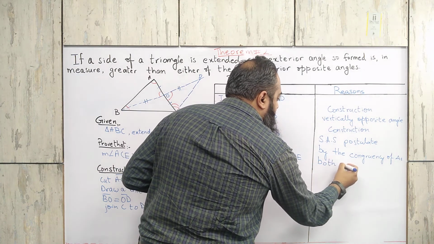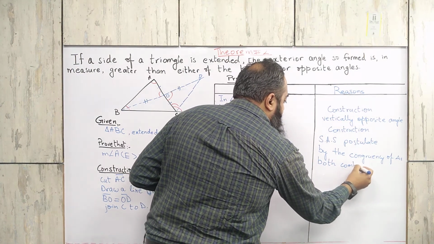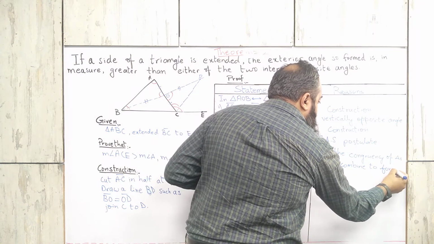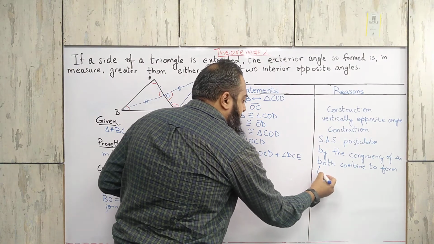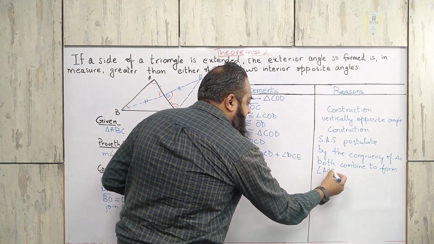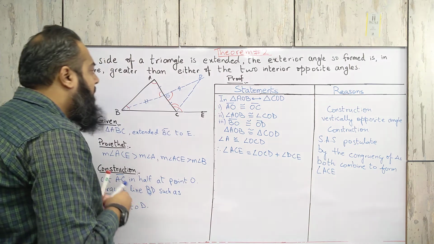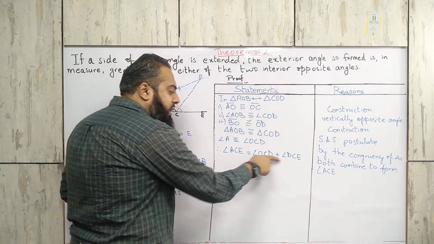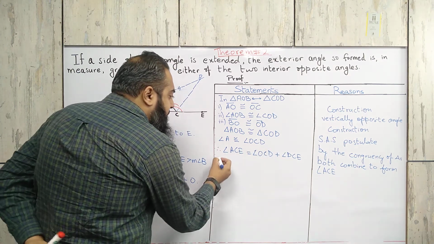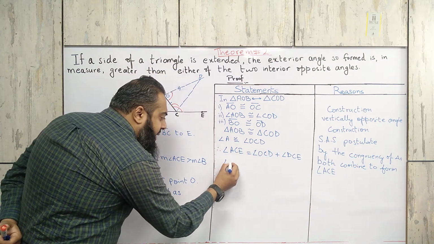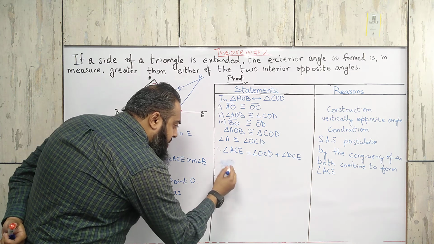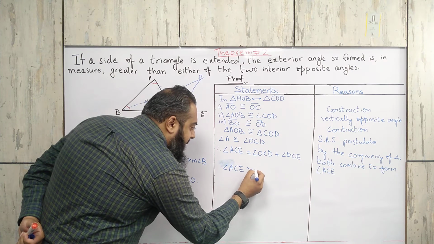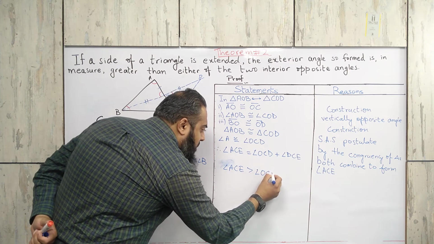Both combine to form angle ACE. Now, if angle ACE is equal to angle OCD plus angle DCE, we can say that angle ACE will be greater than angle OCD.